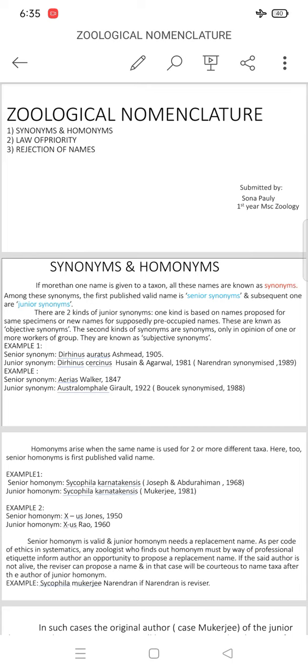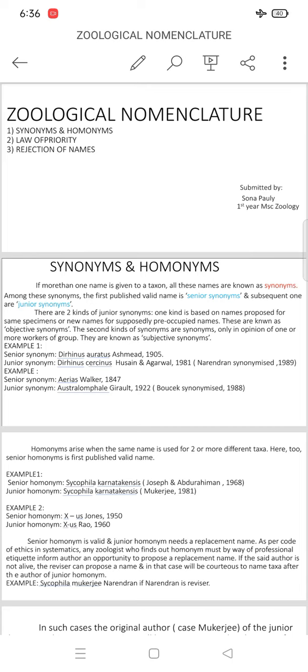The first example: the senior homonym is Psychophila karnatakensis by Joseph and Abdurahiman in 1968. Then the junior homonym is Psychophila karnatakensis Mukherjee in 1981.